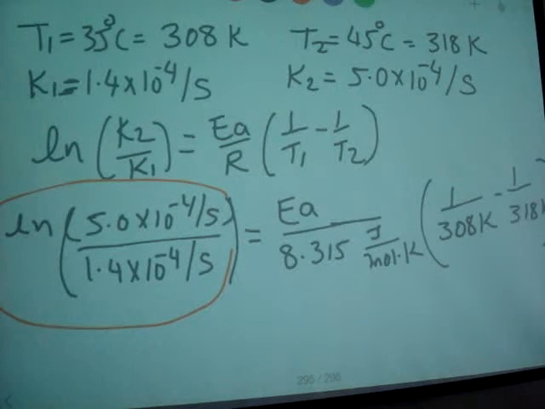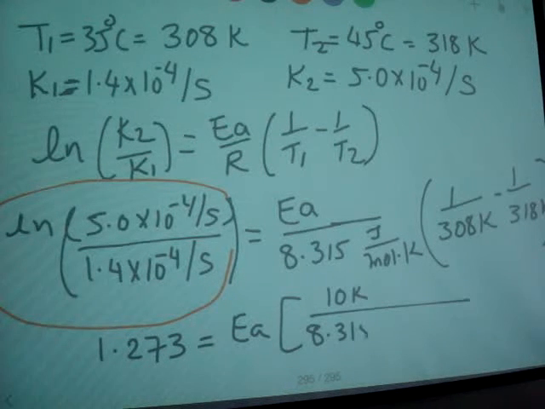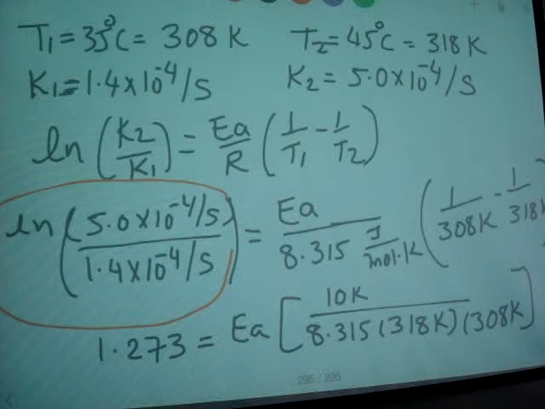When we solve the left side, we get 1.273 equals activation energy times 10 Kelvin divided by 8.315 times 318 Kelvin times 308 Kelvin. I'm not going to write units. Then when we rearrange, we can separate out the activation energy.